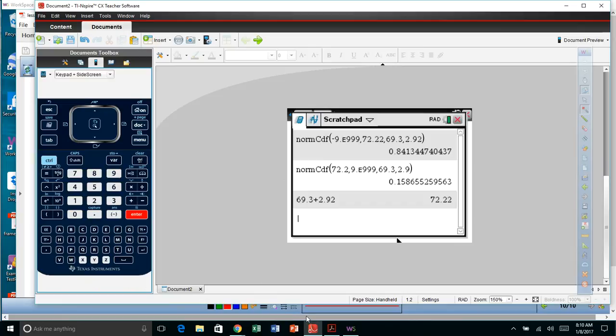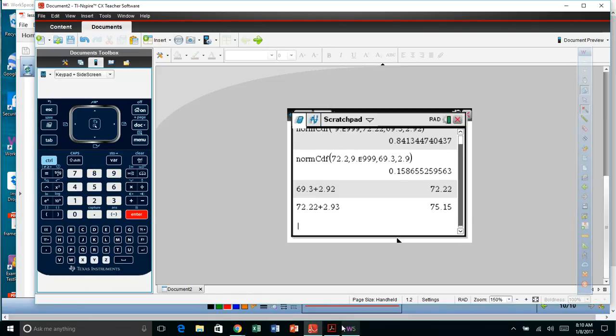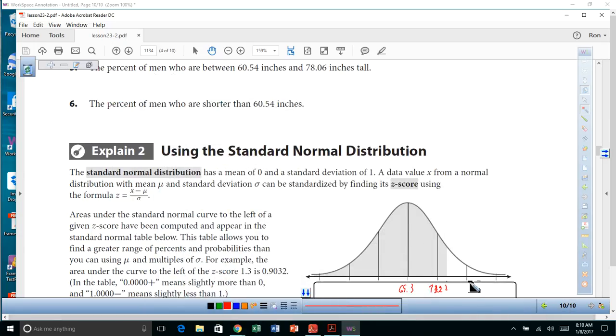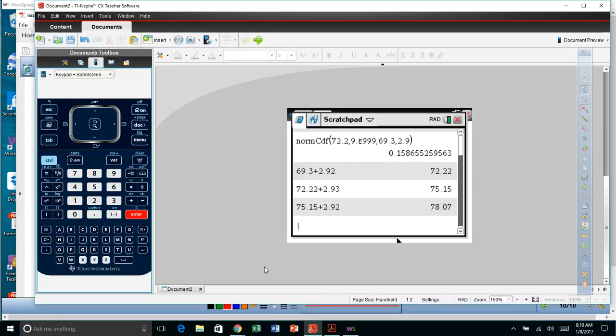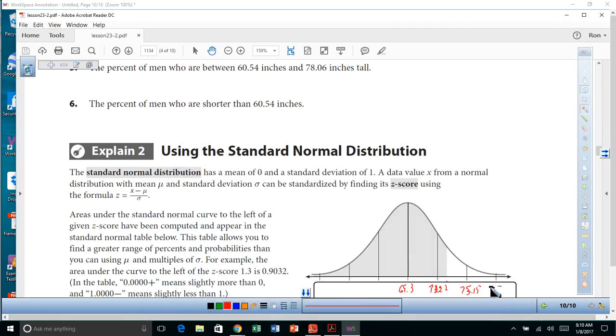And then plus 2.93 at 75.15. And then plus 2.92, 78.07. 78.07, right?